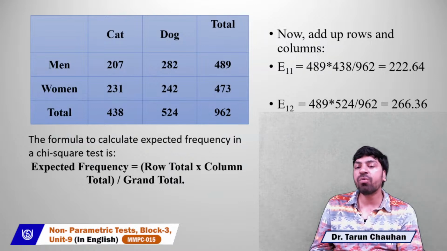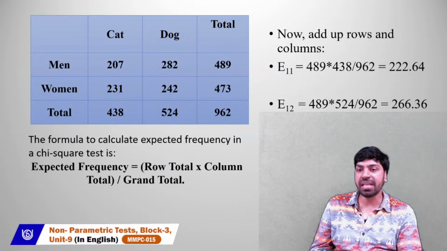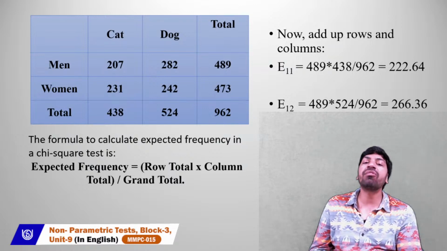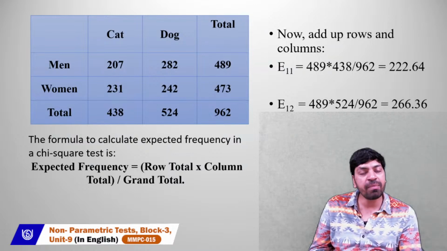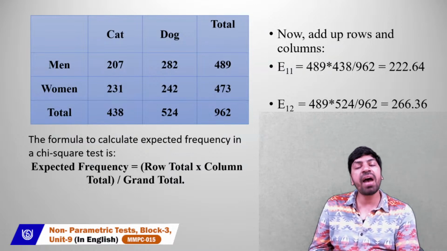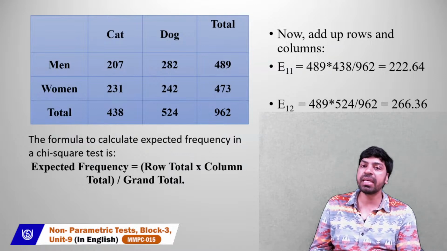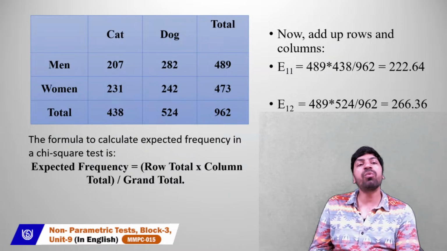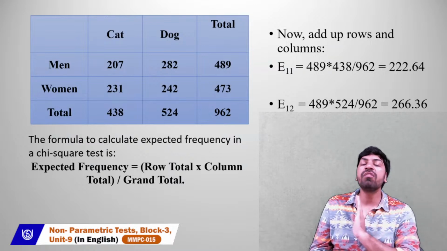The formula is row total into column total by grand total, that is 489 into 438 by grand total 962. Once we multiply and divide, we get the expected frequency of first row and first column, that is 222.64.